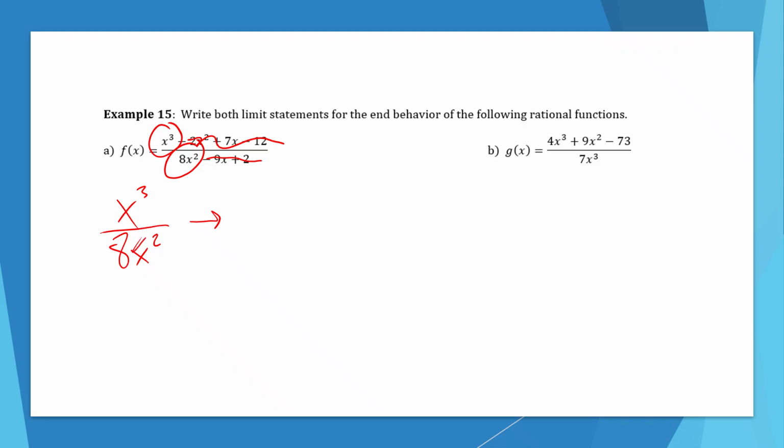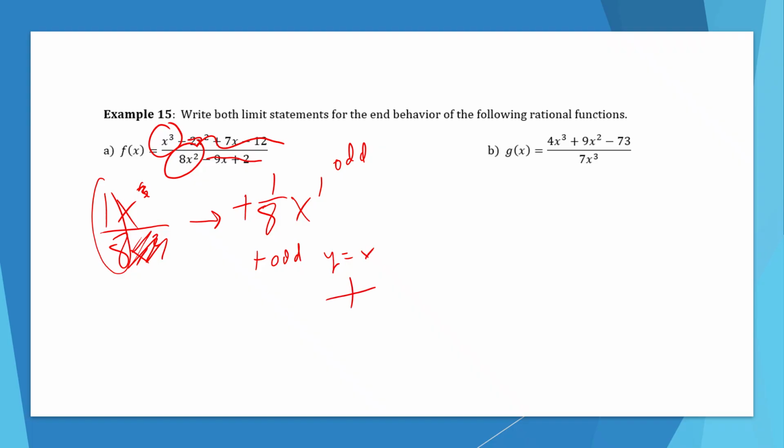Here I can cancel out an x squared from the top and the bottom to just give us x, and then this is 1 over 8, so I'm going to put that as my leading coefficient. Here we have a positive 1/8, and it's to an odd degree, so positive odd is going to behave like y equals just x. This end behavior is like that. So that should be our two limit statements there.